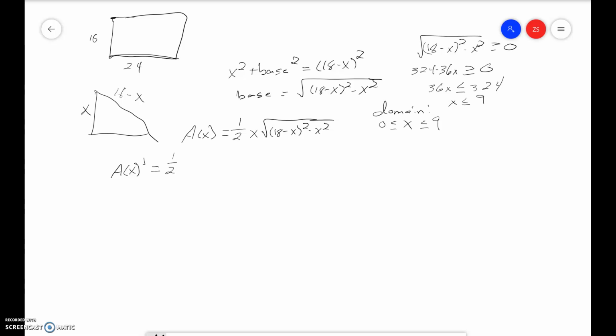So we could take the derivative of the first times the second, plus the first times derivative of the second. Derivative of the square root of (18 minus x) squared is negative 18 over the square root of (18 minus x) squared.